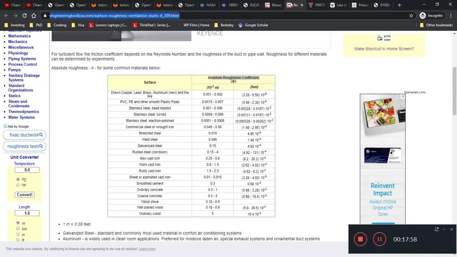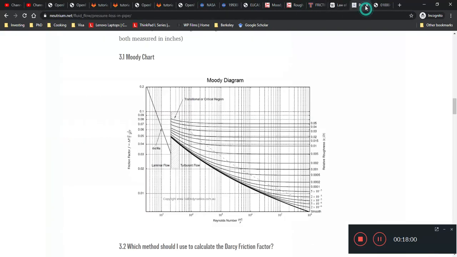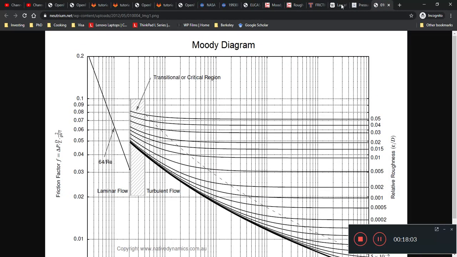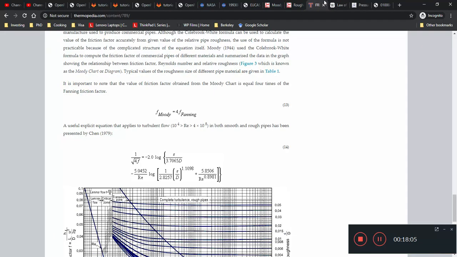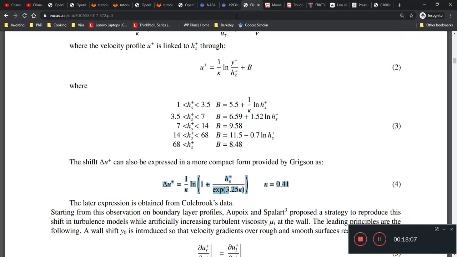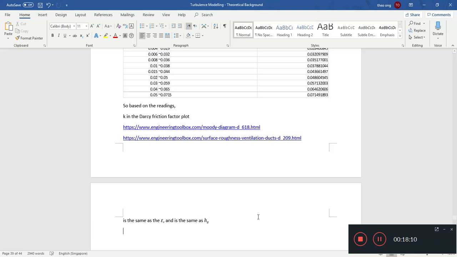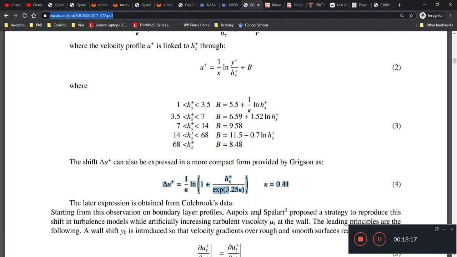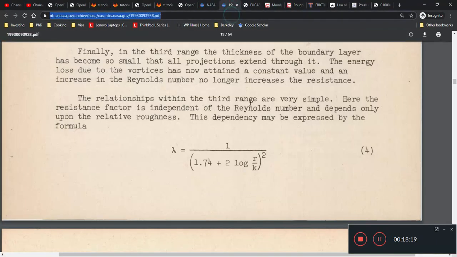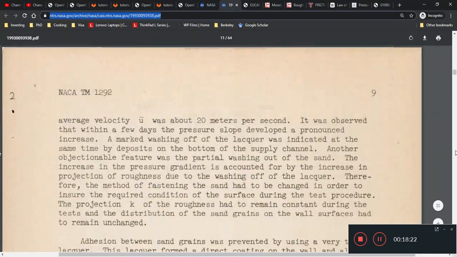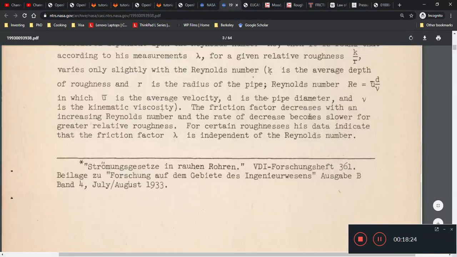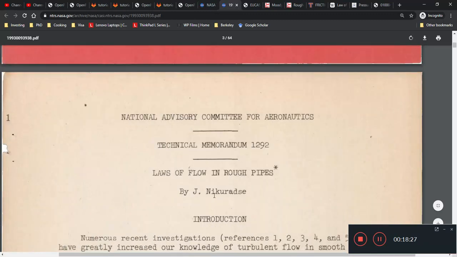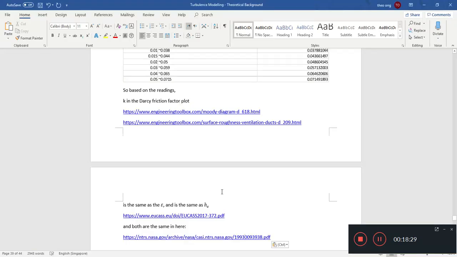This is the height of the sand in this paper. Okay, not this one. Where is that paper? This one. In this paper. Both are the same in here. They're the same in Nikuradse. Let me check the spelling. Nikuradse's paper.